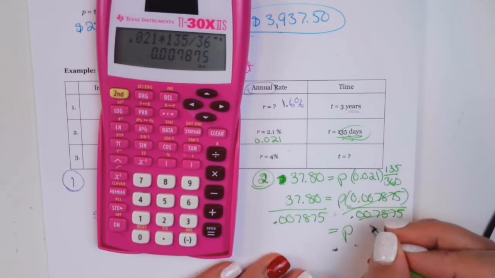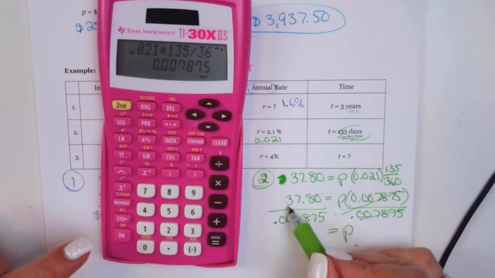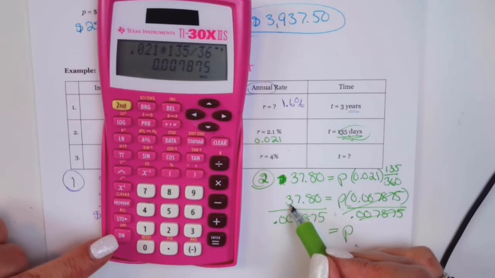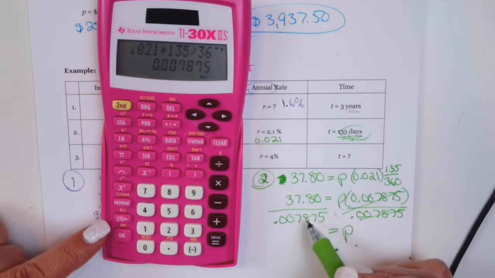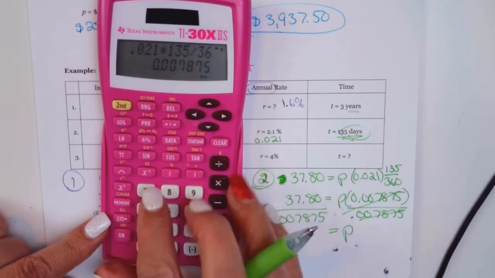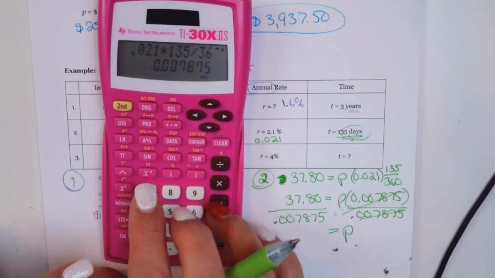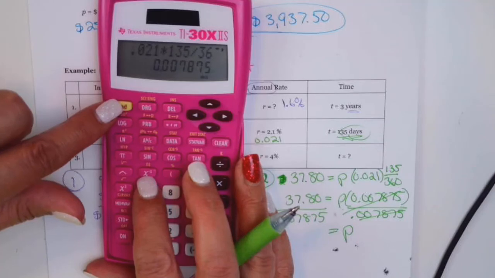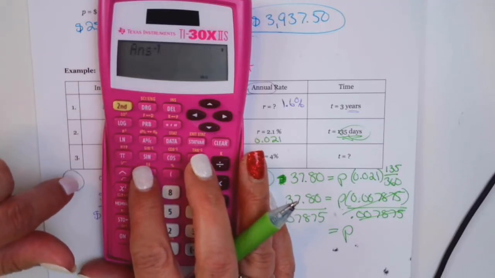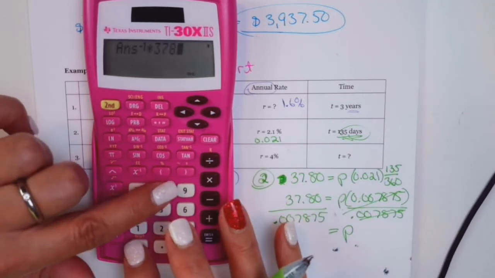So we have 1P. And now there's a trick to this. You can type in 37.80 and divide it by this. But I could also take the reciprocal of this, so x to the power of -1, and multiply that by 37.80.